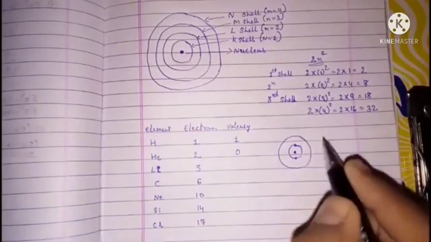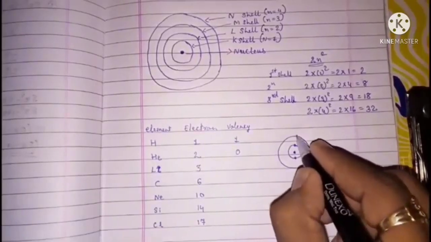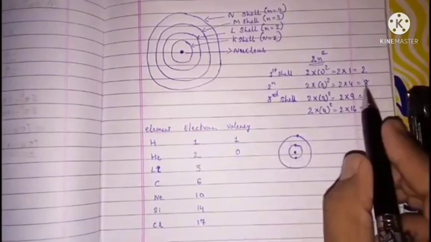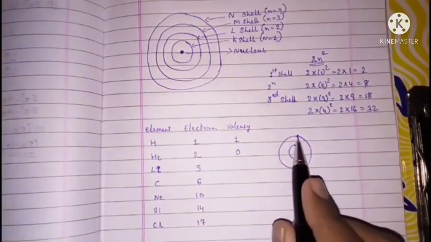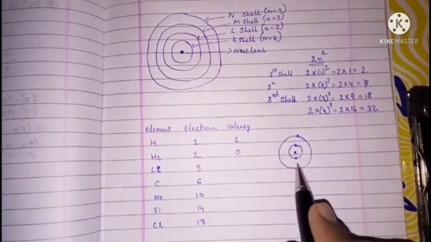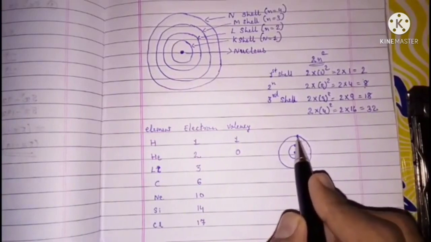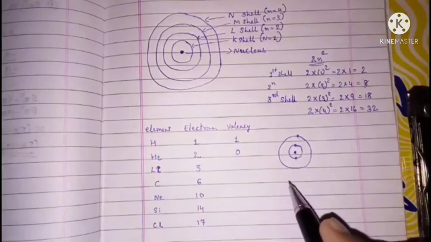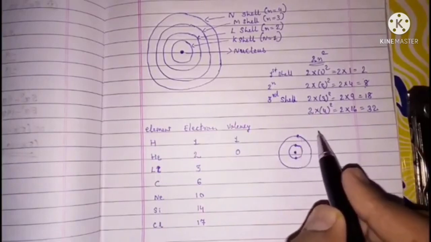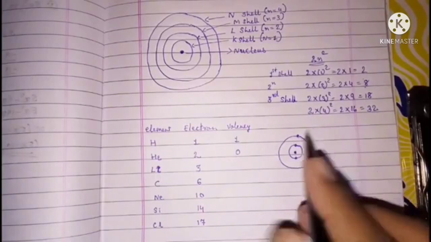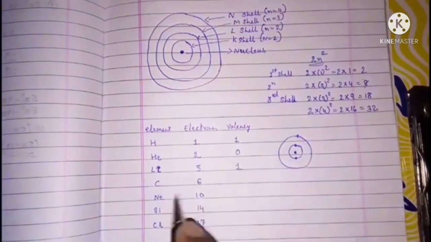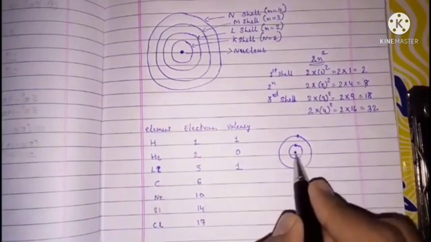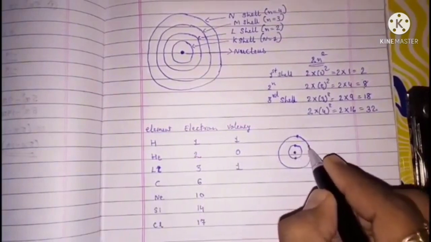The other electron you need to distribute in another orbit, so the additional electron will be placed in the second orbit. Now, in the second orbit, how many electrons have to be there? 8. But how many are there? Only 1.